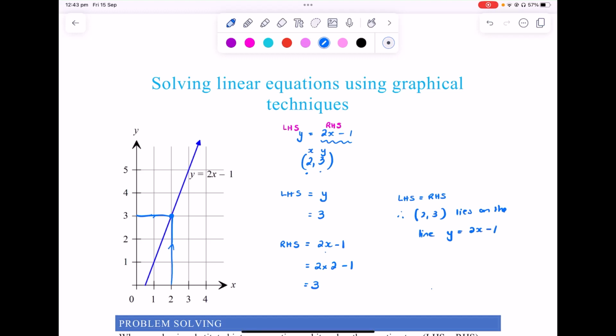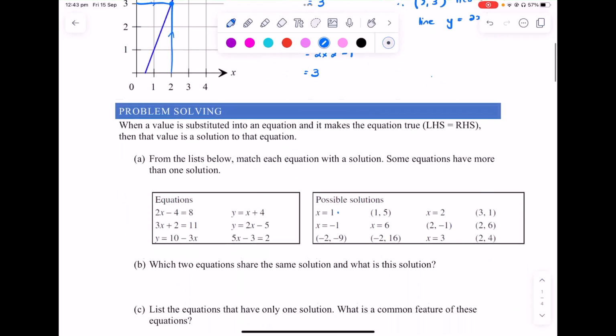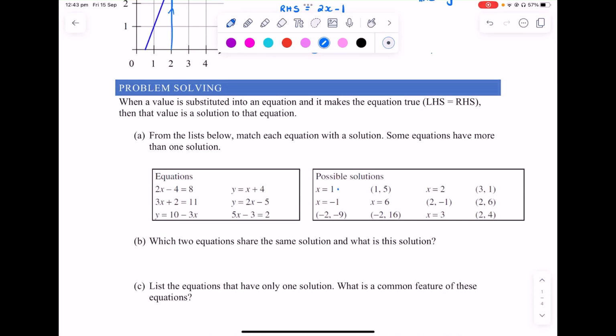That's the first thing. Now, a little problem-solving activity. I'd like you to pause the video and have a go and see if you can do this without any help. And I've said, when a value is substituted into an equation and it makes the equation true, left-hand side equals right-hand side, then that value is a solution to that equation.